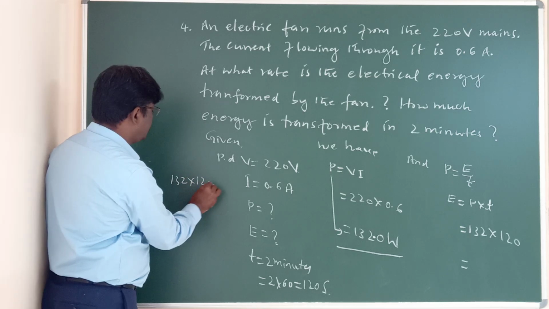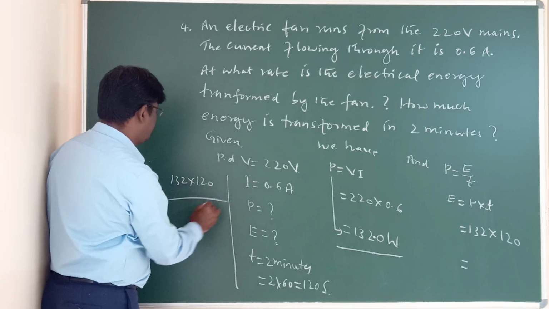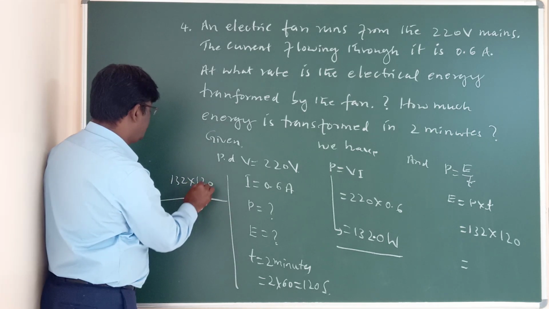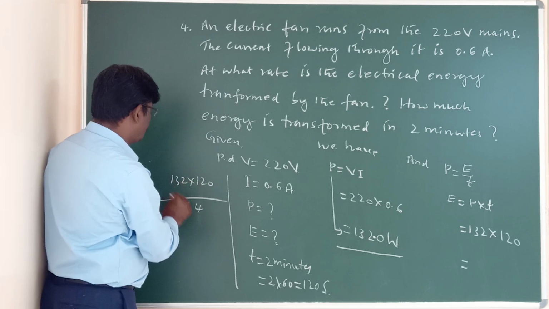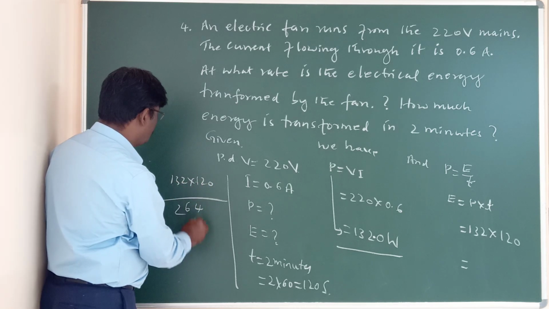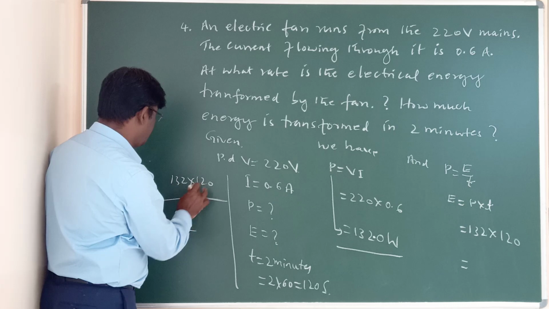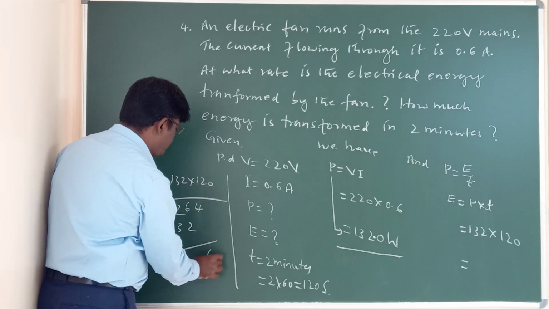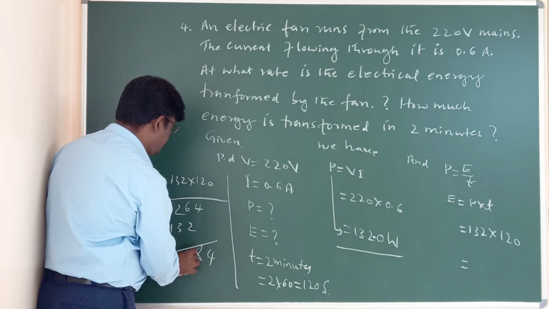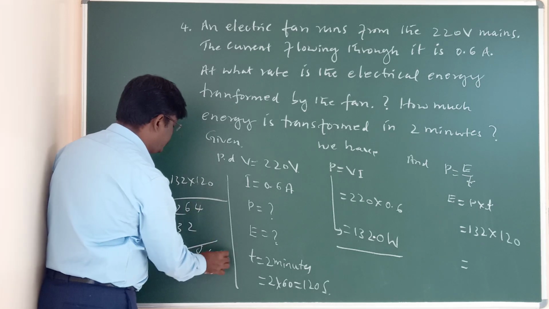into 120. 2 2s are 4, 2 3s are 6, 2 1s are 2, then 1 into 2, 1 into 3, 1 into 1, 5, 1, 0.